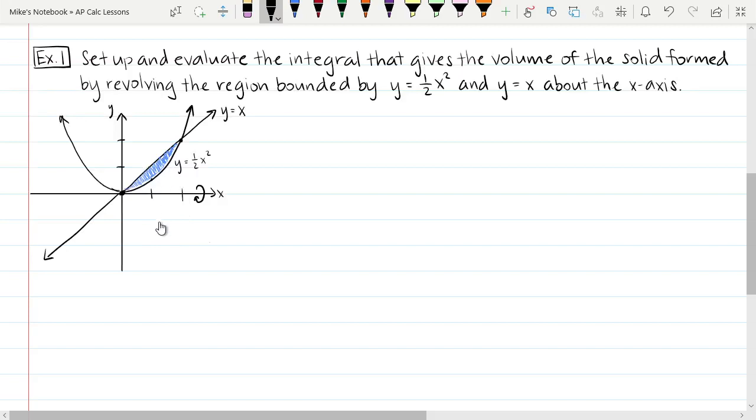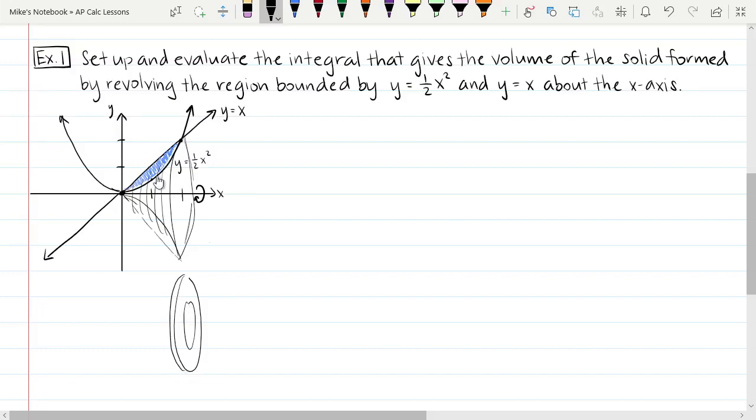You're going to create that disc with the hole in it. And again, if you imagine what this is going to look like if you were to revolve it, it's going to look something like this. Okay, so that's why we are going to end up with the cross section that is a washer.